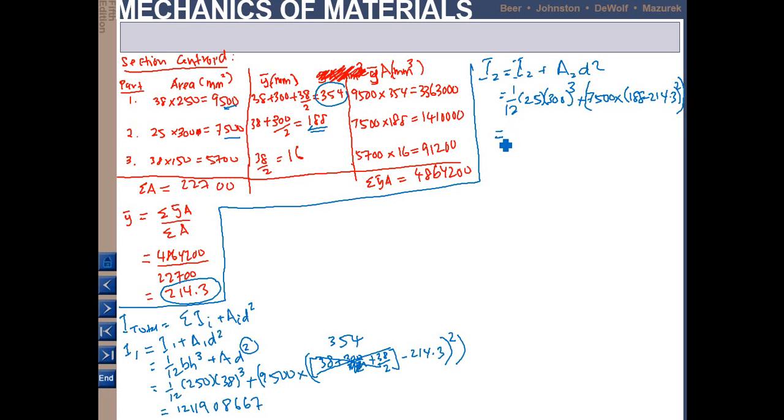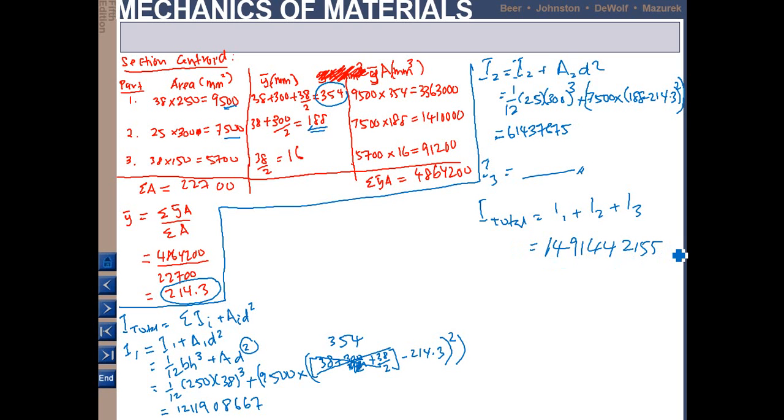So you get 61,437,675. Then you calculate the same thing for I3. You get the answer, and then the I total is I1 plus I2 plus I3, and the final answer is 149,144,2155 mm to the power of 4. So this is the final answer for the moment of inertia for this structure.